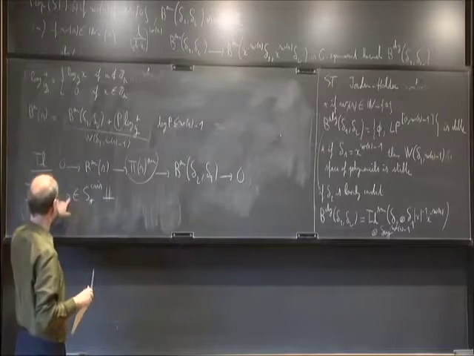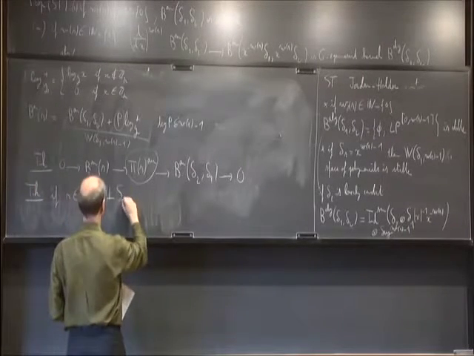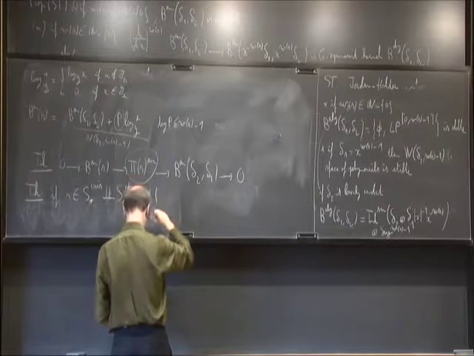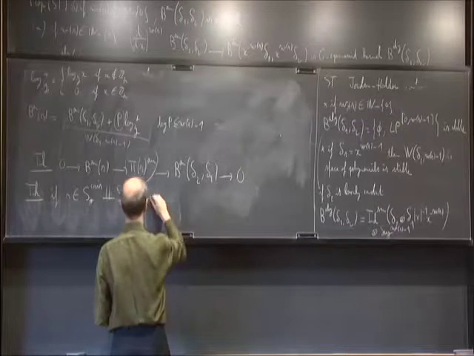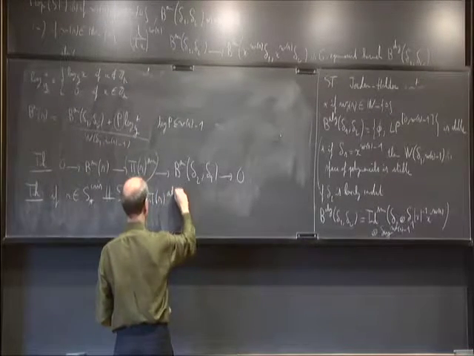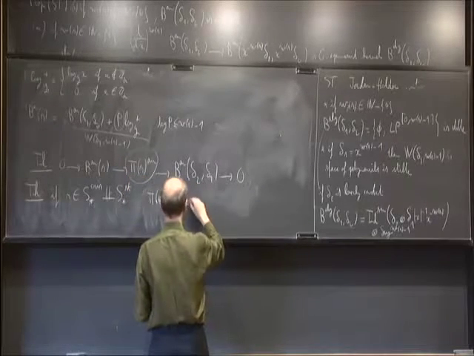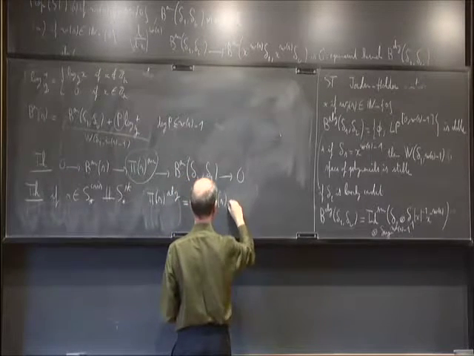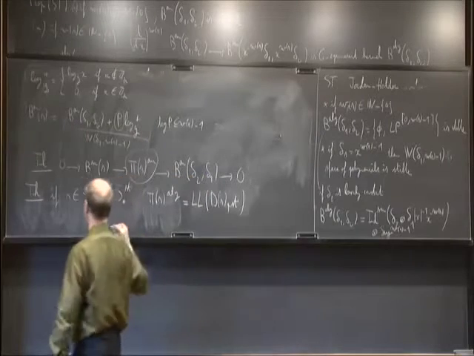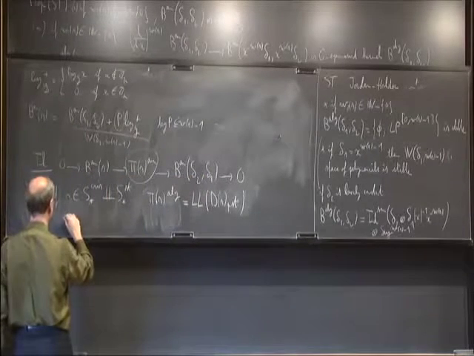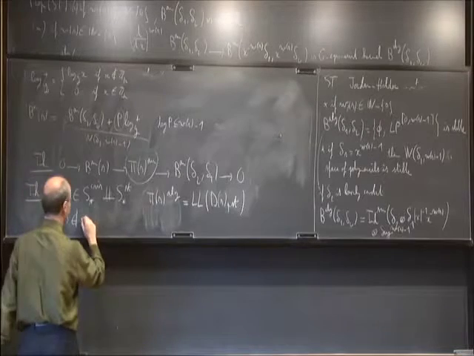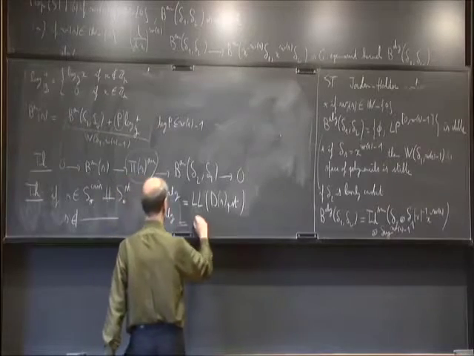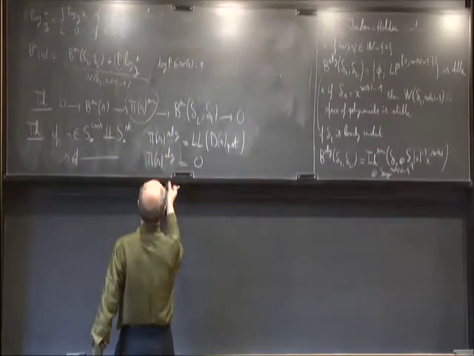So if the parameter is crystalline or semi-stable, then what you get is that the pi of S alg is equal to the local Langlands of D of S PST. So I have to explain what I mean by that. With this definition, and if S does not belong to that, then pi of S alg is 0. Okay.